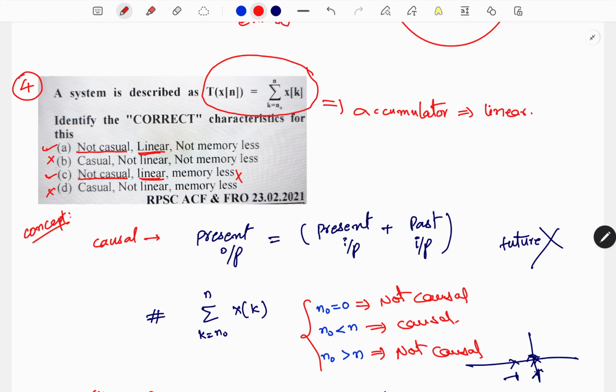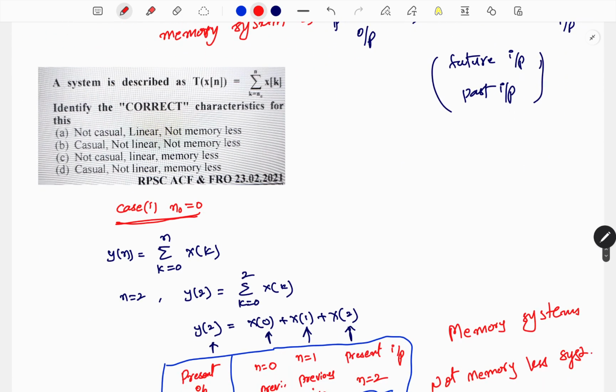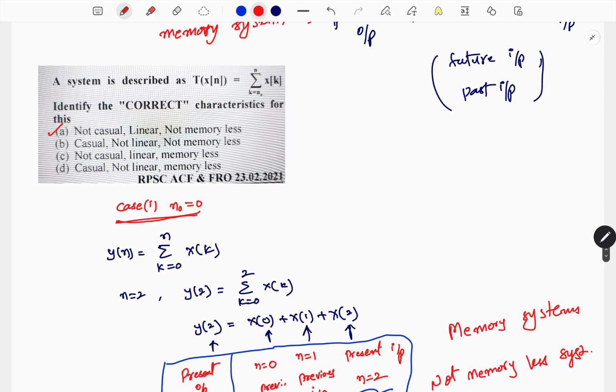Option C is also wrong. Only option A is correct. It is not causal and it is linear. It is not a memoryless system. This is the answer for this question.